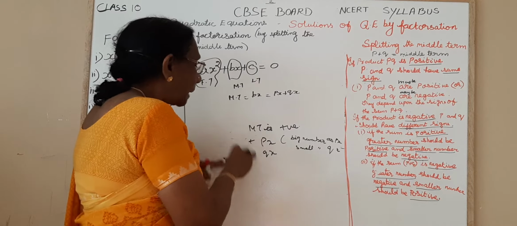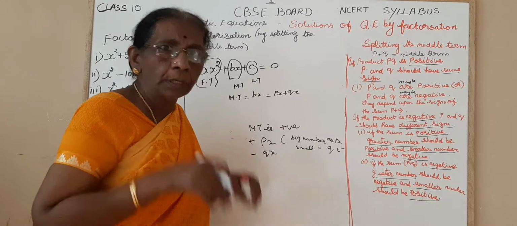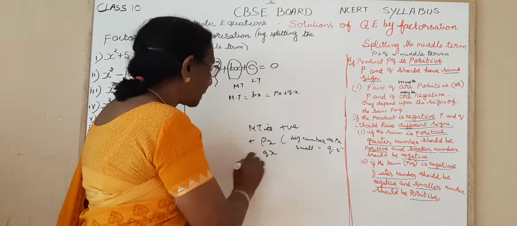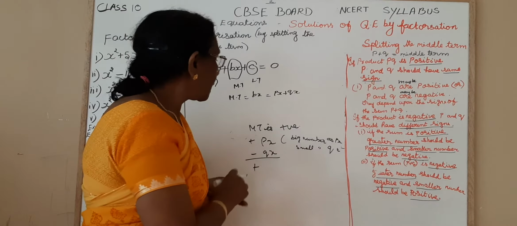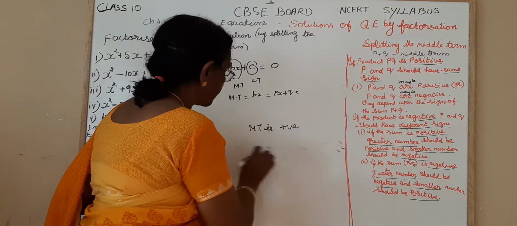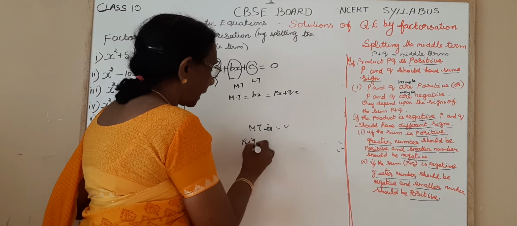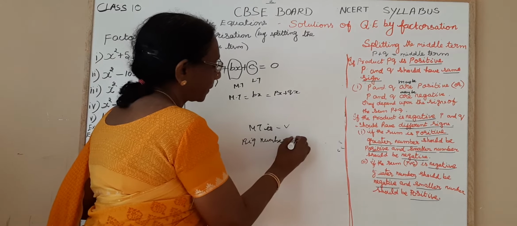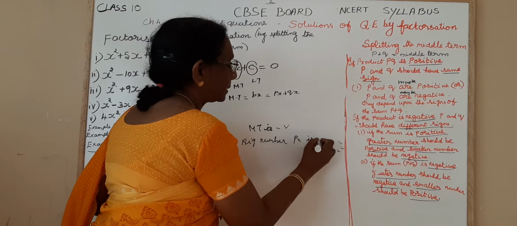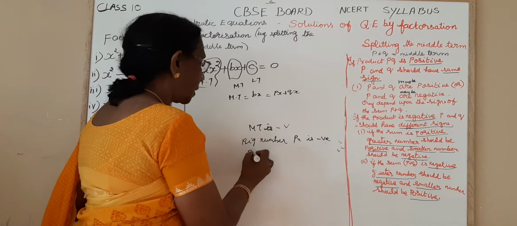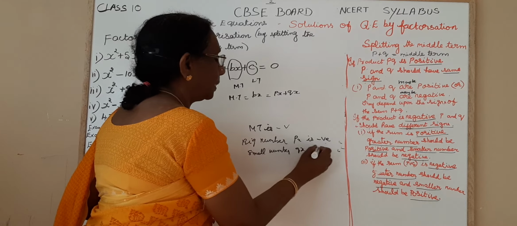So when you add both, splitting means what? You are dividing into two parts, and when you add, you should get the middle term, isn't it? So when you are adding, the answer will be positive. More positives, less negatives, isn't it? The same way, suppose the middle term is negative. The big number Px will be negative and the small number Qx will be positive.